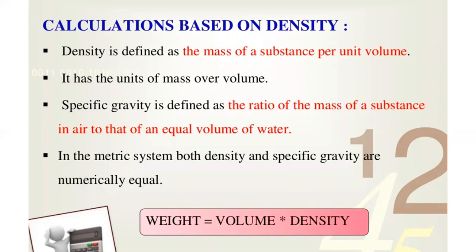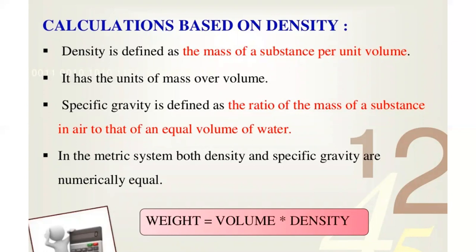Density is defined as the mass of a substance per unit volume. The mass of the substance occupied per unit volume is called density. Mainly, it is mass over volume. Another one is specific gravity. What is specific gravity? Specific gravity is similar to density, but specific gravity is a ratio. It is the ratio of the mass of the substance in air to that of an equal volume of water.